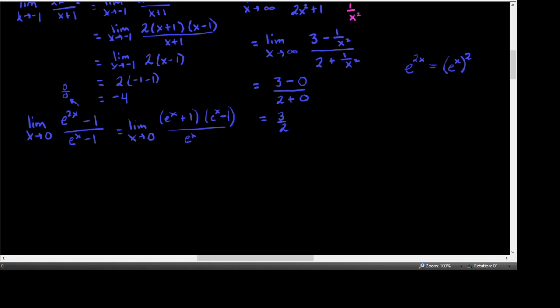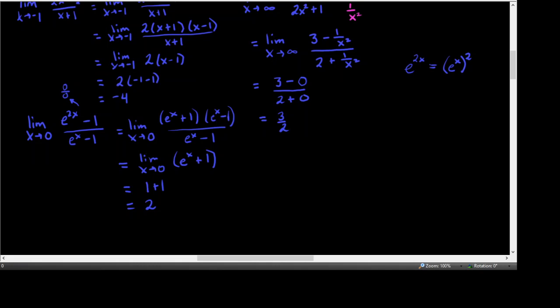So factoring and canceling is working yet again. And what you get when you do the canceling after having factored is e to the x plus 1. You substitute in the 0 and you get e to the 0 is 1, plus 1 is 2.